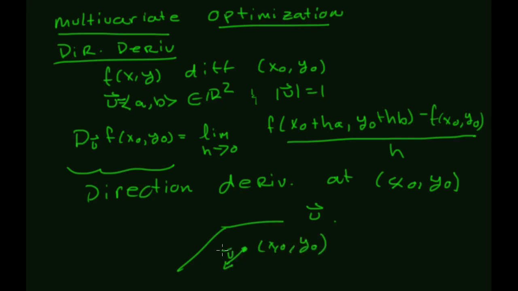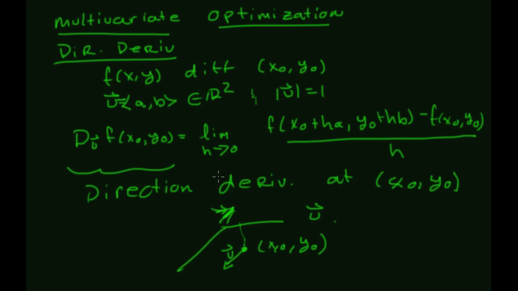We're moving in some direction given by vector u. And above this, on the surface, we're asking the question, what is the rate of change of the height as I'm moving in the direction of u? Is it going up? Is it going down? What's happening to the height as I move in that u direction?